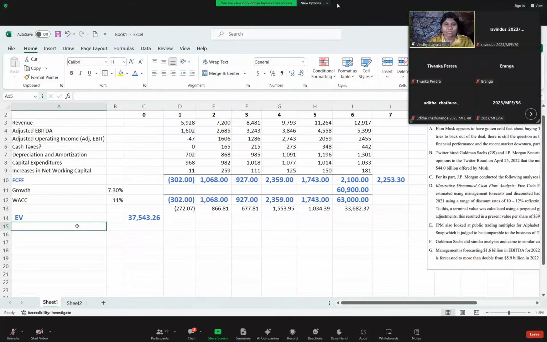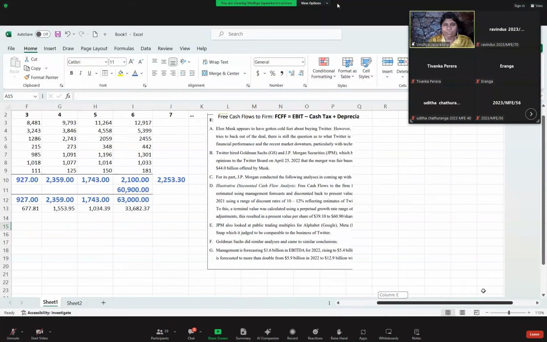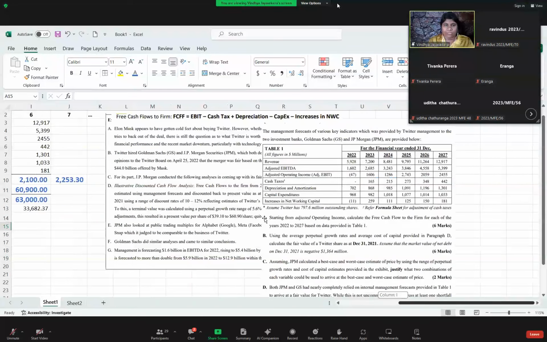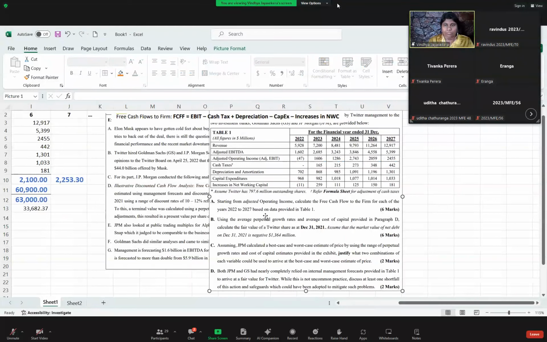The value to my equity holders. Is this the price per share? So here it says, using the average perpetual growth rates, calculate the value of the Twitter share as at 31st December 2021.